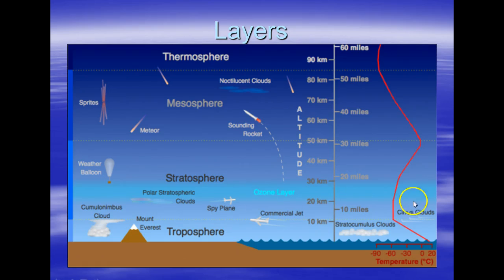Okay, and we can see that also with the temperature change. The change in temperature is a little bit less dramatic on this image than some other images that I've seen. It's a lot more defined, and that might just be based on the way that this is scrunched over here in the corner. But we can see that as we go up in the stratosphere, the temperature is changing.